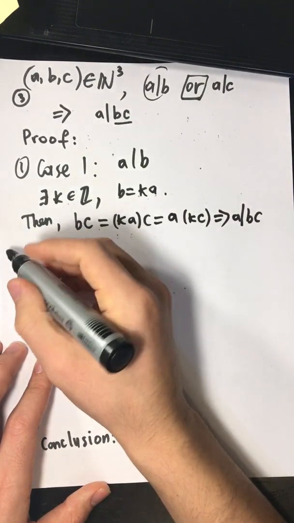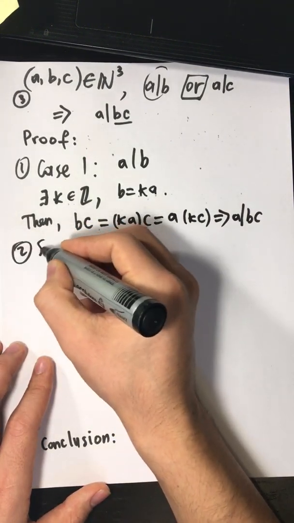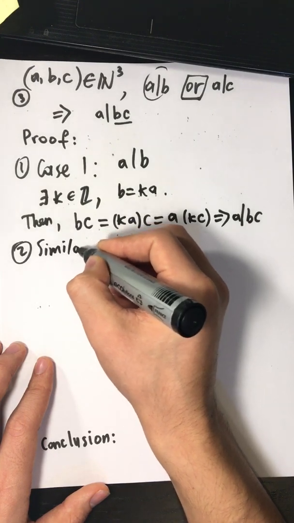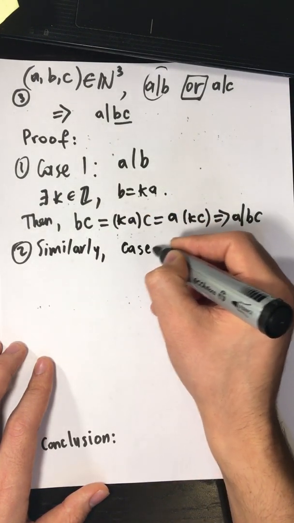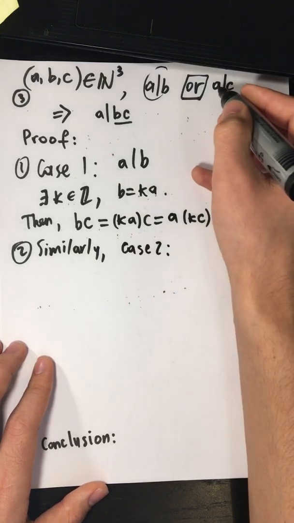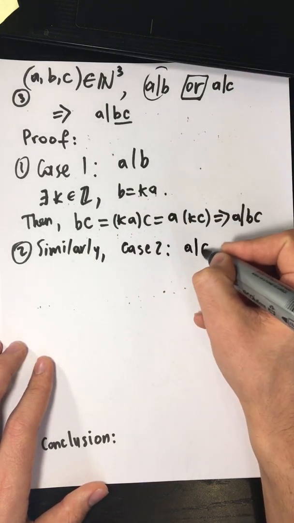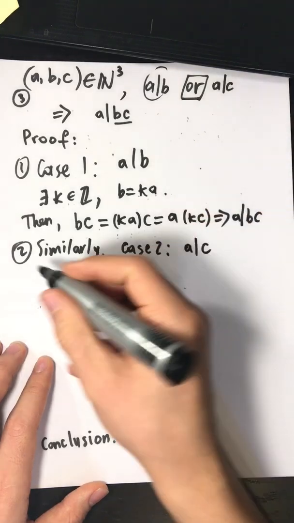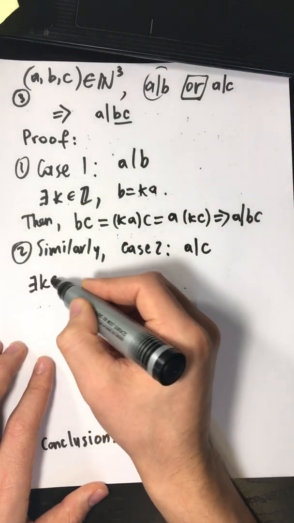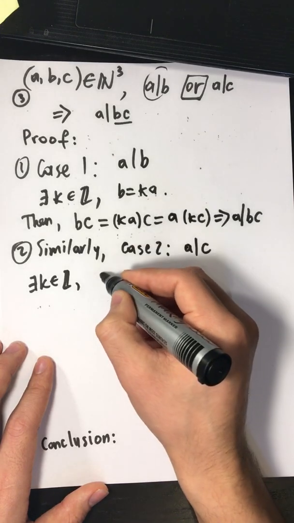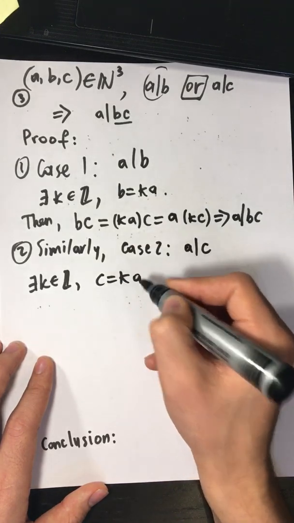Okay, now number 2. Similarly, we have case 2. We take A divides C because it's OR here. If A divides C, again there exists K, which is integer. C is equal to KA.